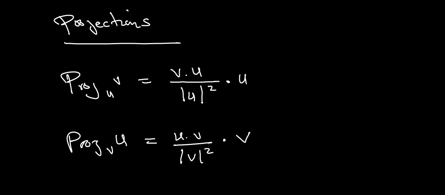If you want to get the component of vector v in the direction of u, the formula is almost the same as the projection, but it just has the length down and there's no vector on this side.